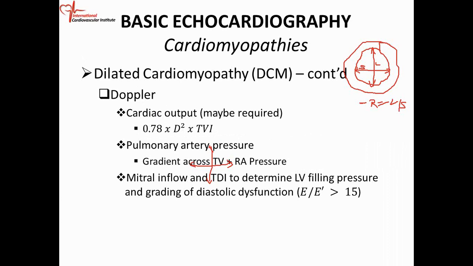To get your pulmonary artery pressure, it is the TR gradient plus the right atrial pressure. You can do the pulmonary artery systolic pressure, or you can do the mean pressure.